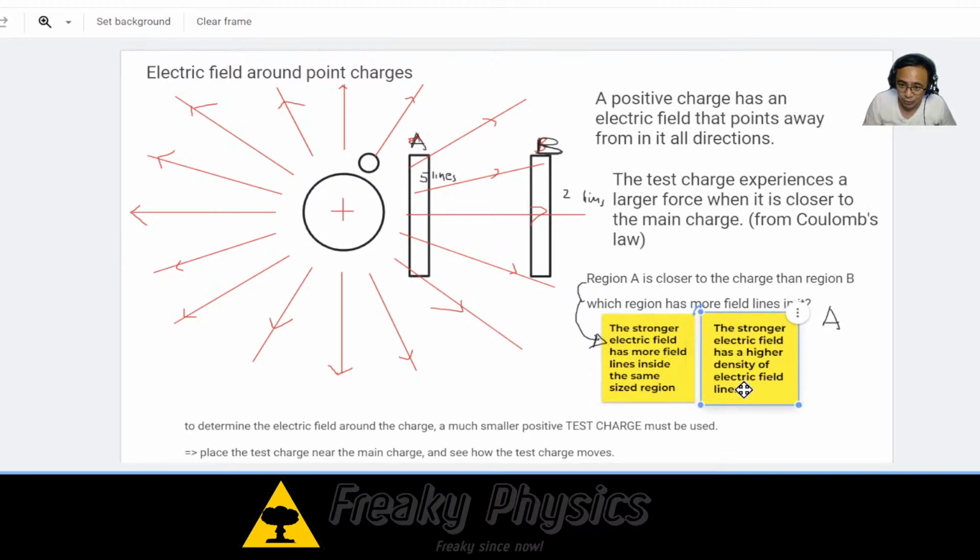But either way, whether it's gravitational, electric, or magnetic fields, doesn't matter what kind of field it is, the stronger field has a higher density of field lines. Okay. So I can cross this out and change this to some other word, and it's still gonna apply. Okay. All right.